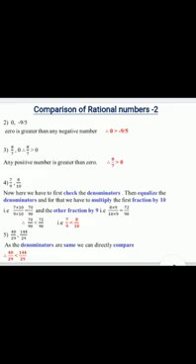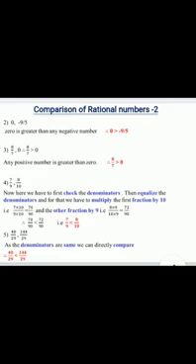Now here first we have to check the denominators. As the denominators are not the same, we have to first equalize the denominators, and for that we have to multiply the first fraction by 10. That is 7 into 10 upon 9 into 10, which gives you 70 upon 90, and the other fraction by 9, that is 8 into 9 upon 10 into 9, which is equal to 72 upon 90.